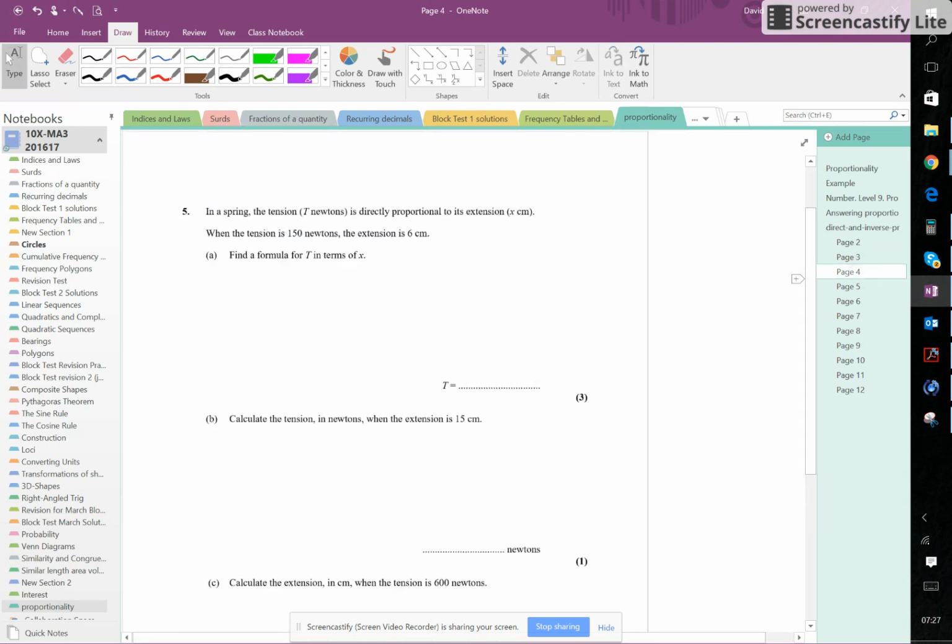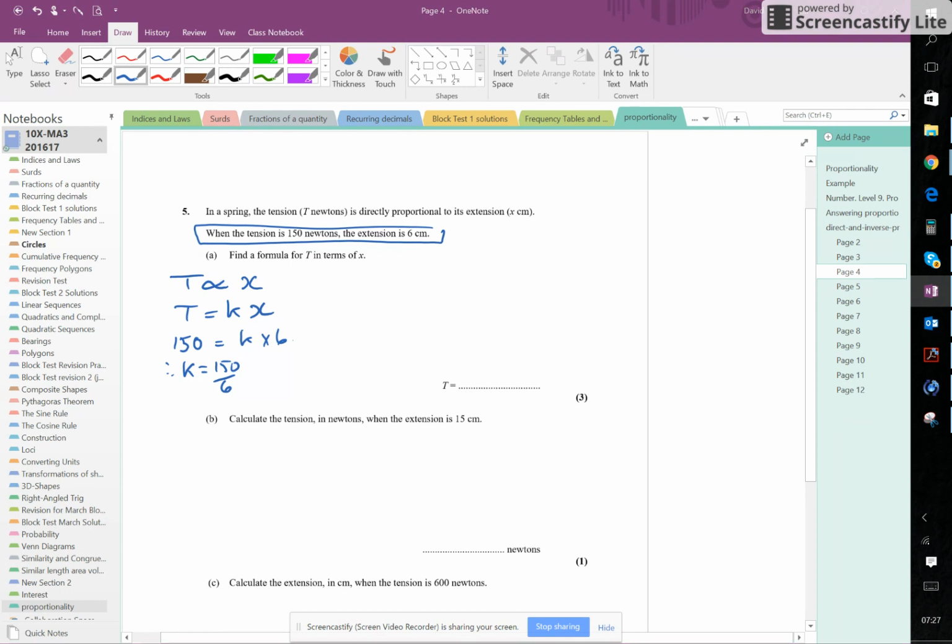Okay, next question. In a spring, the tension T is directly proportional to its extension. So here we go. T is directly proportional to its extension X. Introduce a constant of proportionality. Now use the data provided. So tension is 150. Is K times 6. So therefore K is 150 divided by 6.